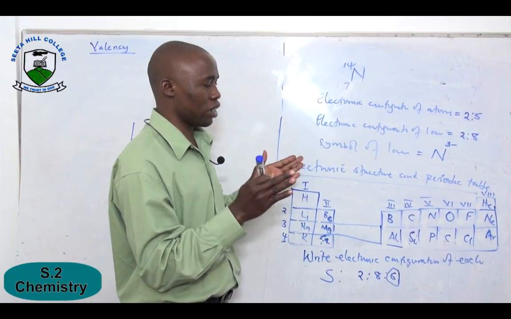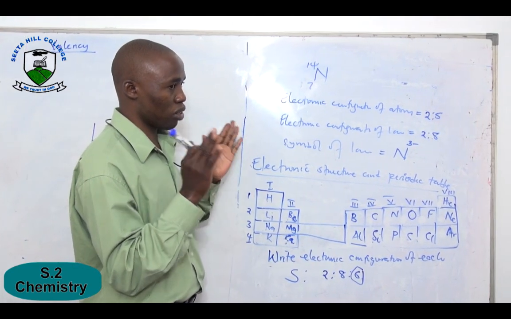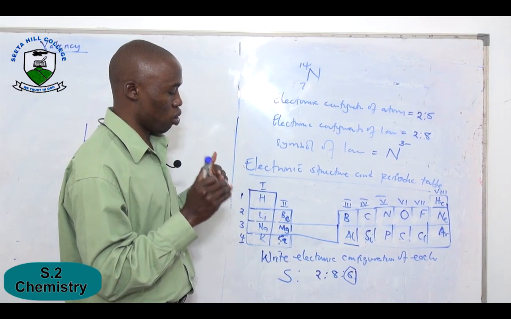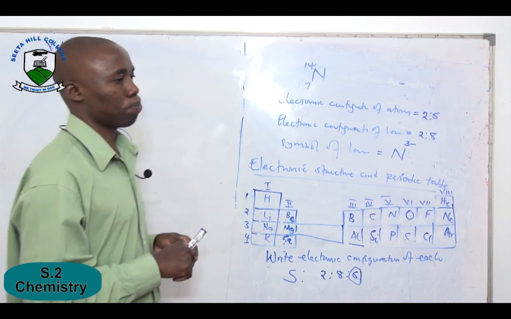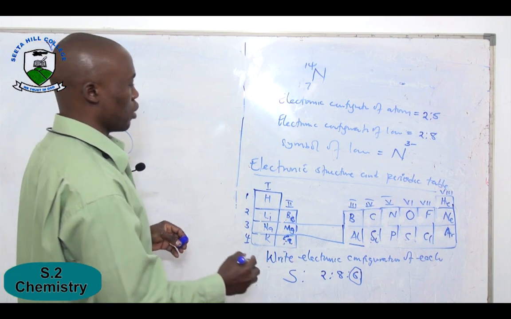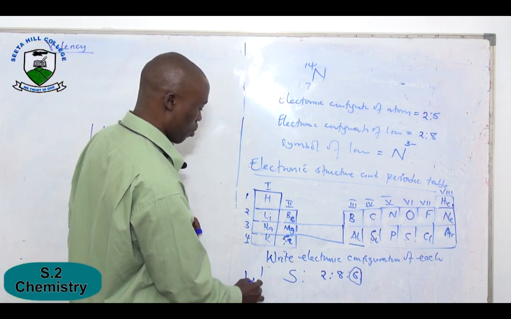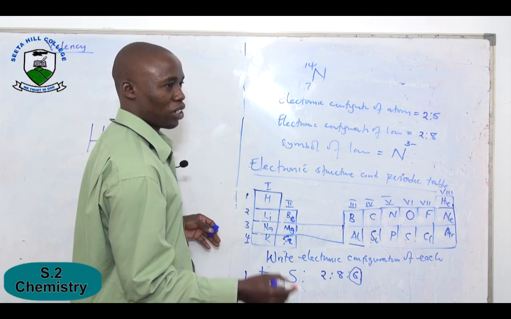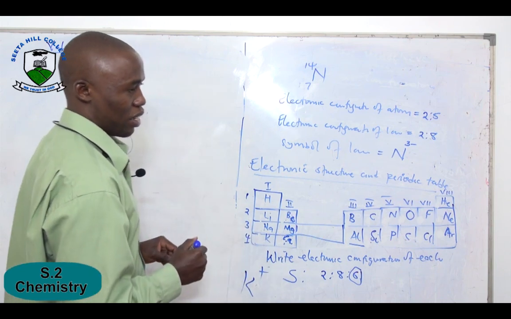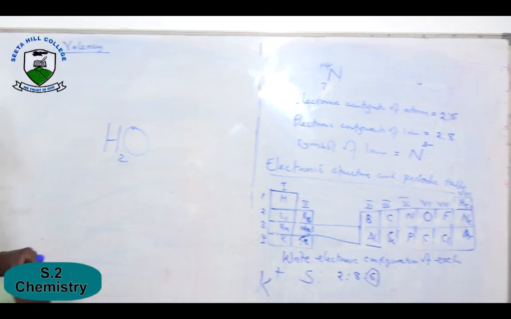That means ions for metals will be positive charges because they will always lose. That's why when you see us writing K positive, that's potassium ion. Now shift here to valency.